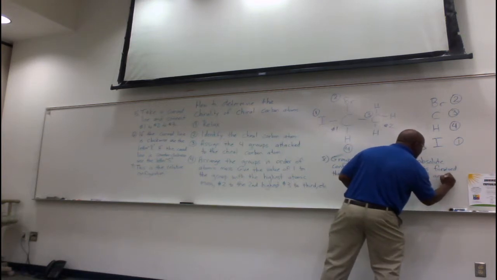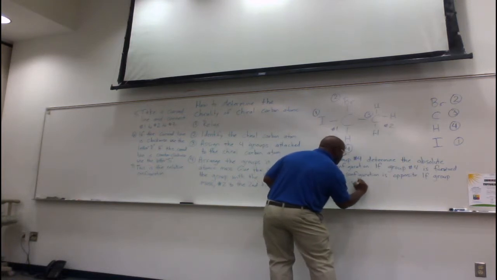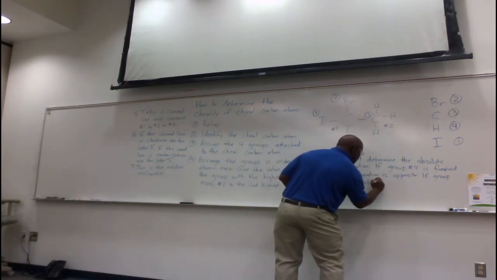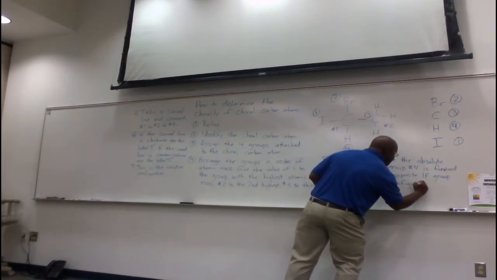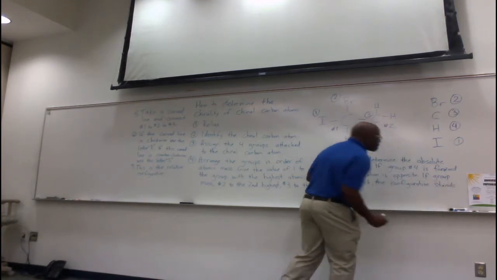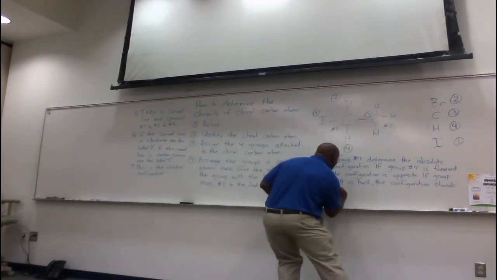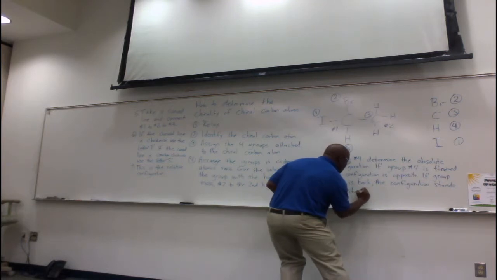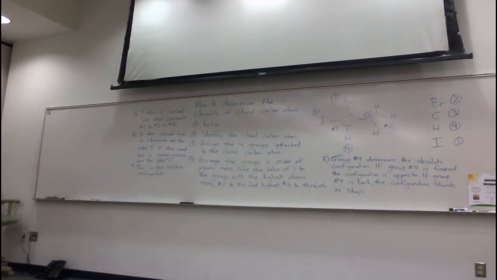If group 4 is back, the configuration stays. And you use those rules to determine the RS configuration of any carbon atom.